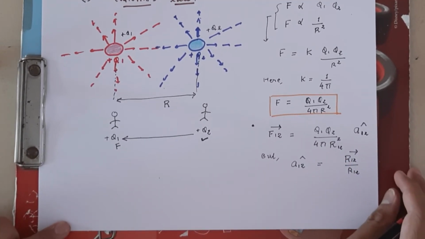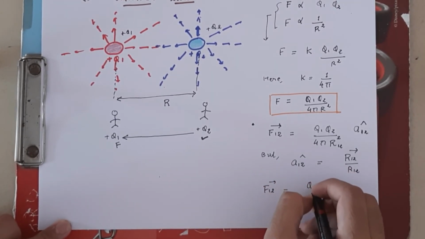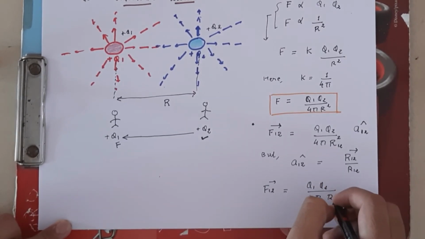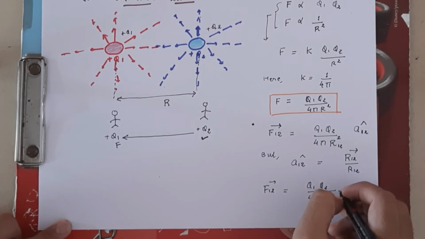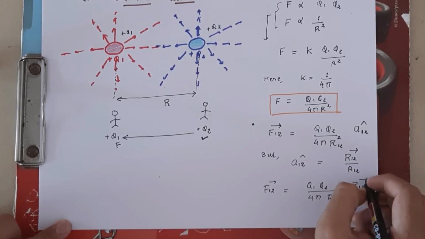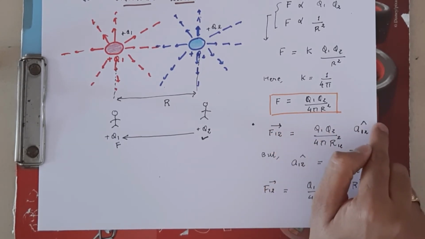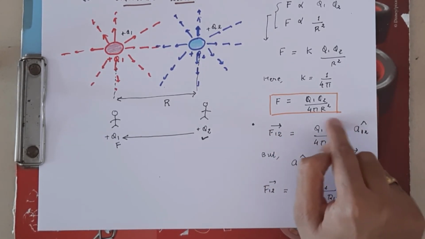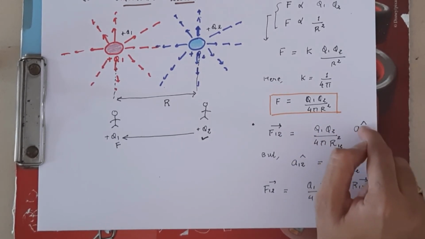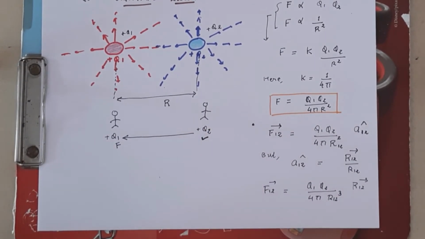So if I put this value, F12 is q1 q2 upon 4 pi r12 cube, into the r12 vector. Clear? This is the standard equation of force. This quantity indicates the magnitude, and this indicates the direction only. So it is the force on the first charge due to the electric field of the second charge.